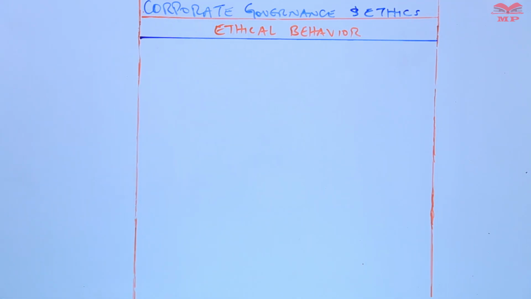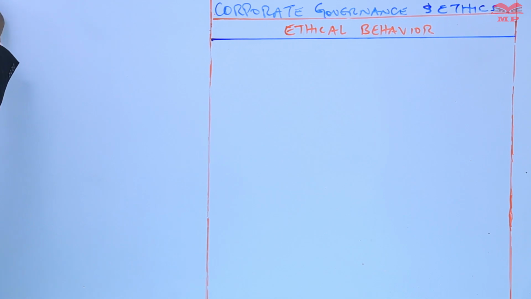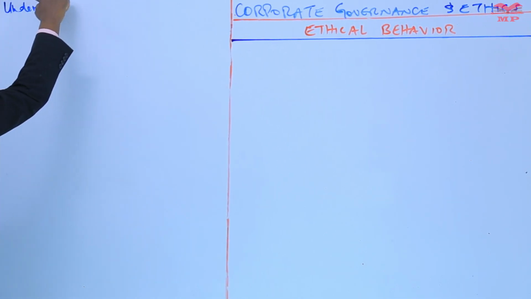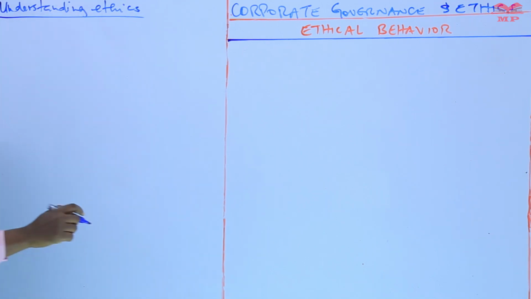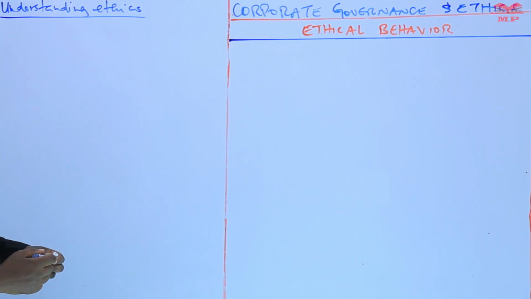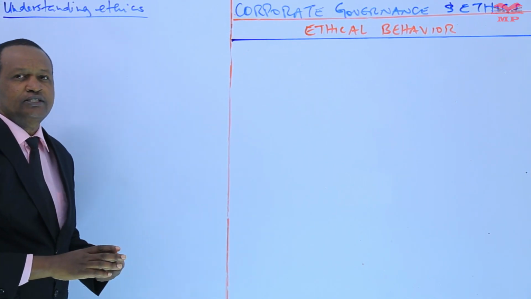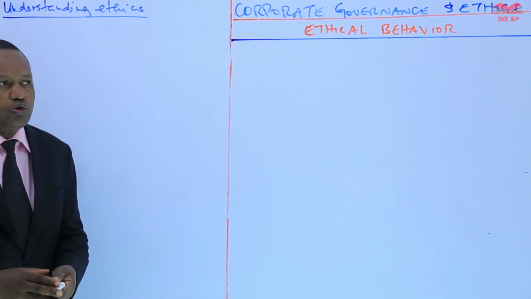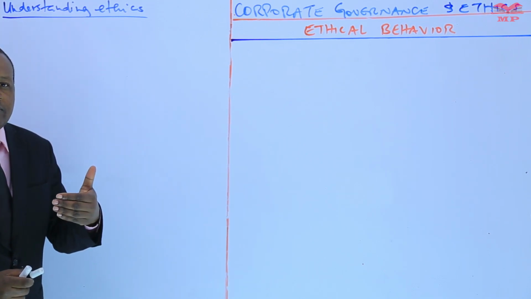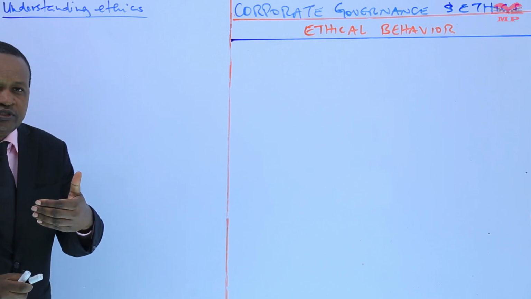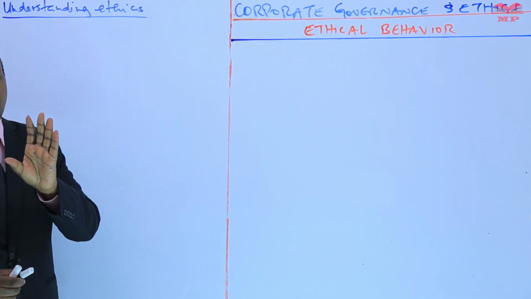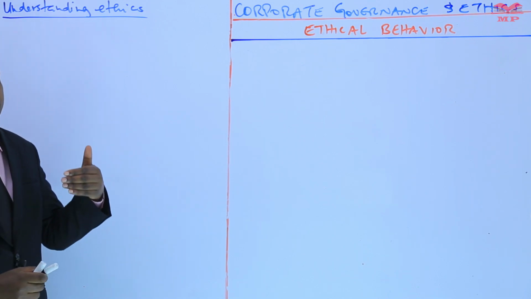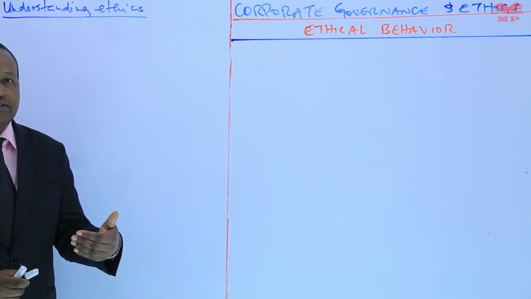Let's begin with understanding ethics. Now, first of all, ethics at its core is a system of moral principles that govern a person's behavior or the conducting of an activity.